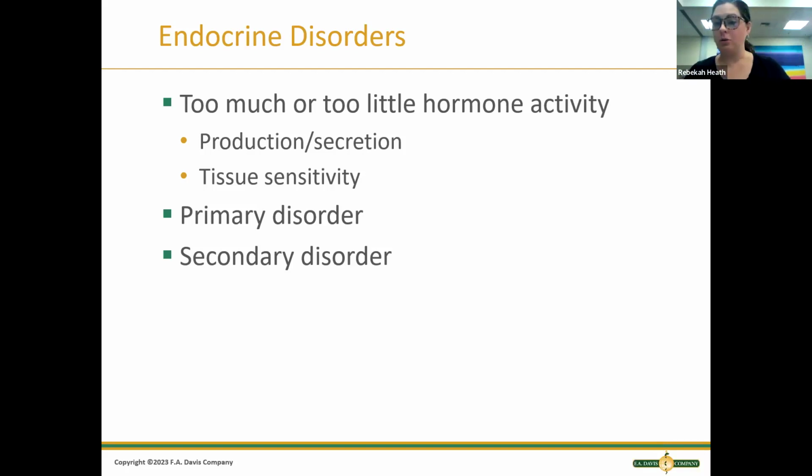There are also positive feedback systems. When I think about positive feedback loops, I think about things like labor and birth.